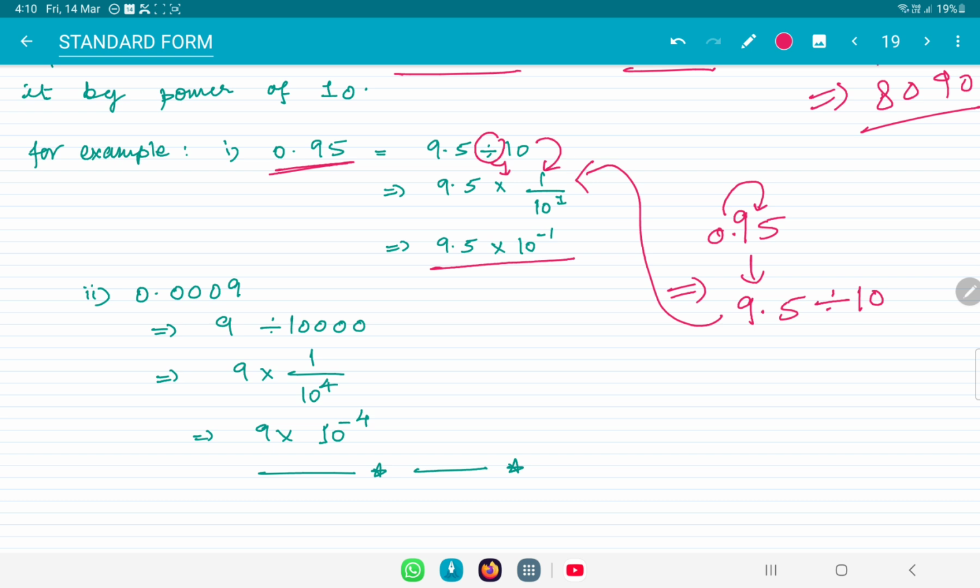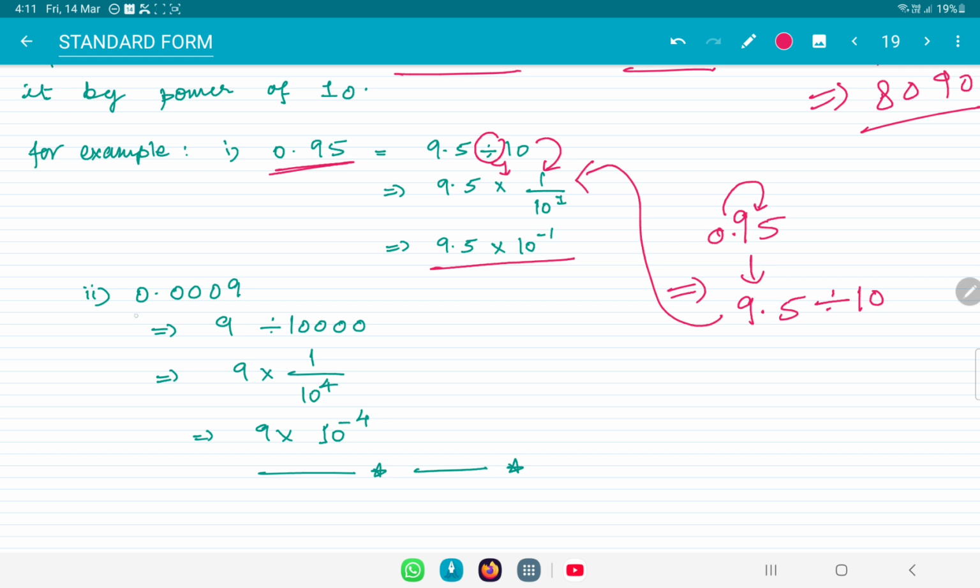If they ask you to write numbers in scientific notation or standard form, while doing these types of sums, your final answer can come in the negative power of 10.